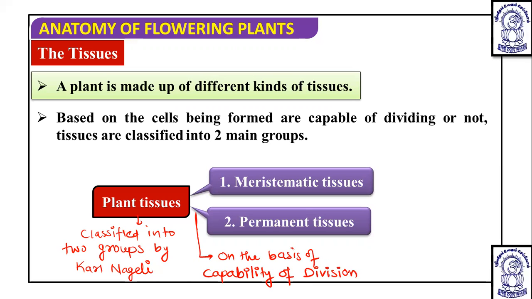So in tissue, there are two types, meristematic tissue and permanent tissue.